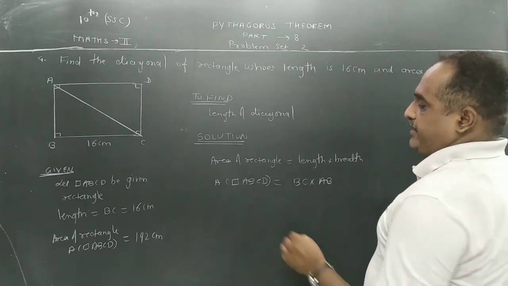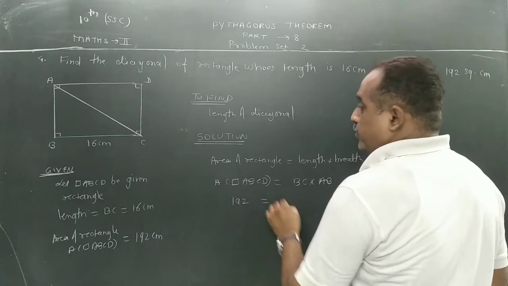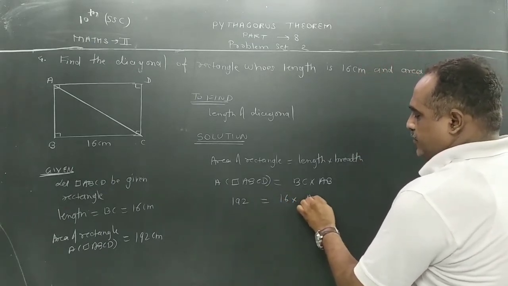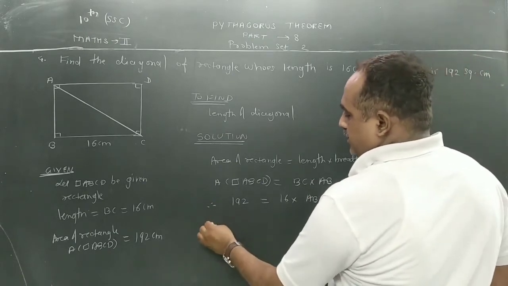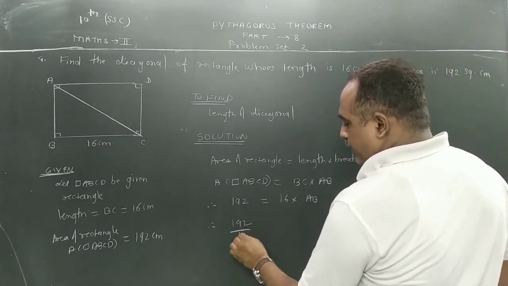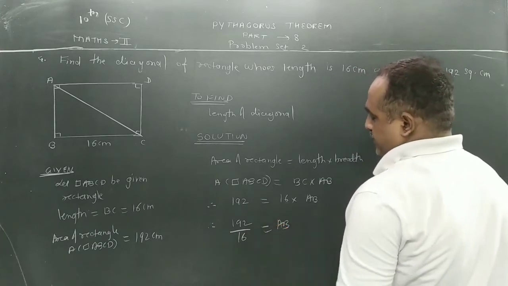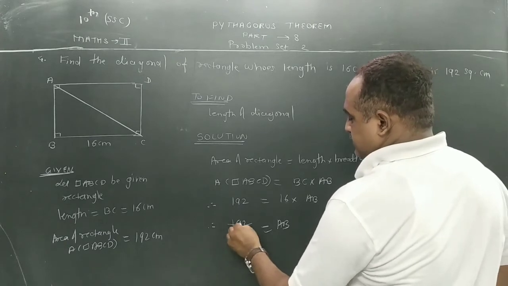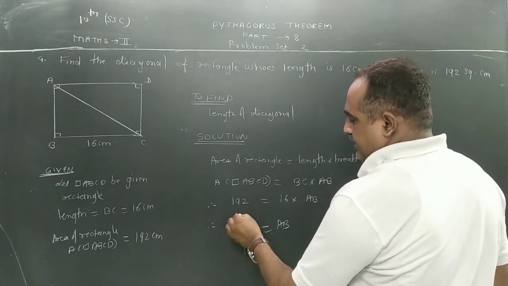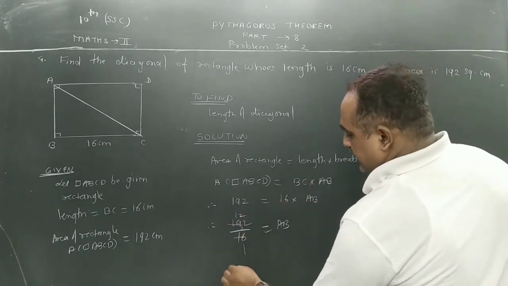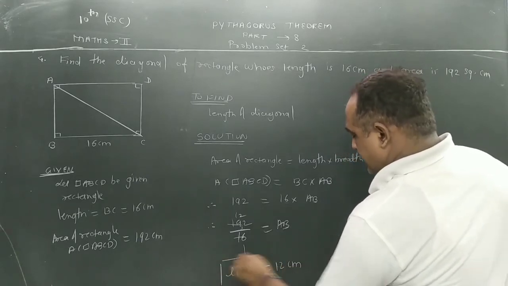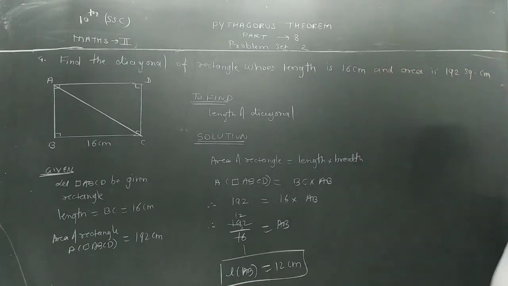Area of quadrilateral ABCD is 192, BC is 16, and they have asked you AB. 192 upon 16 is equal to AB. So 16 ones are 16, 16 ones are 16, here again 16 twos are 32. So I can say that length AB is equal to 12 centimeters. So ultimately, we got the breadth is equal to 12 centimeters.